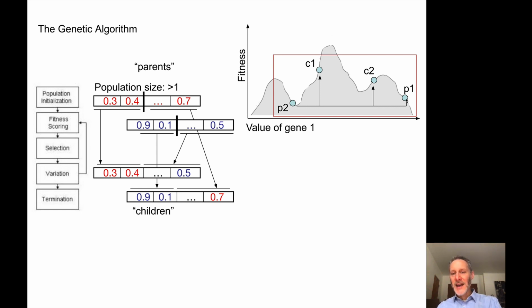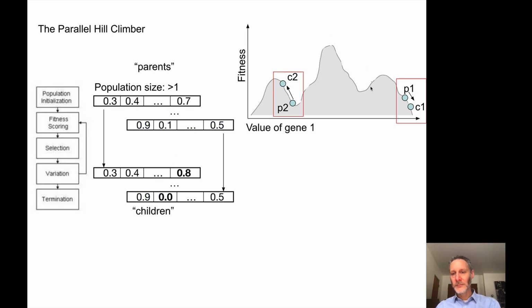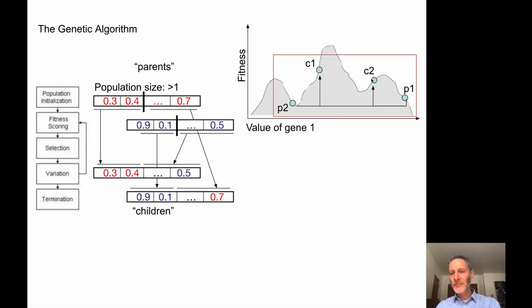In my cartoon example here, child 2 was not so lucky. Child 2 is still pretty far from both its parents horizontally, compared to here, where we can see that child 2 is not that horizontally distant from its parent, and same thing with child 1. It's further, but unfortunately C2 is still trapped on the same local optimum as at least this parent. C1 over here in our cartoon example has been lucky.